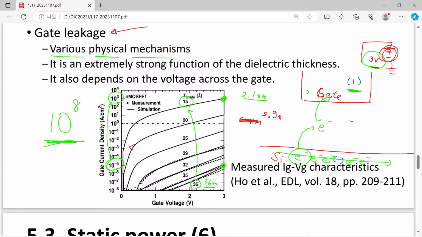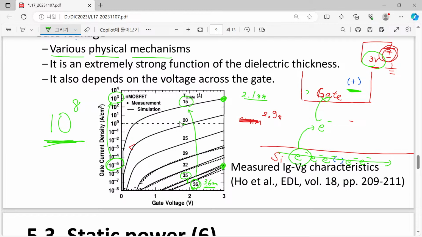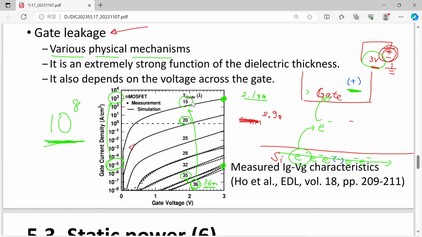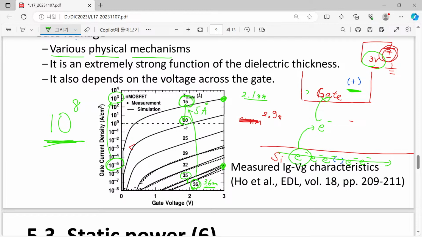For example, please note that here we have just 1 angstrom difference in thickness, but the change is really visible. And here you can see that we have 20 and 15, and this is just 5 angstrom difference. 5 angstrom difference introduces about 100 times different gate leakage current.